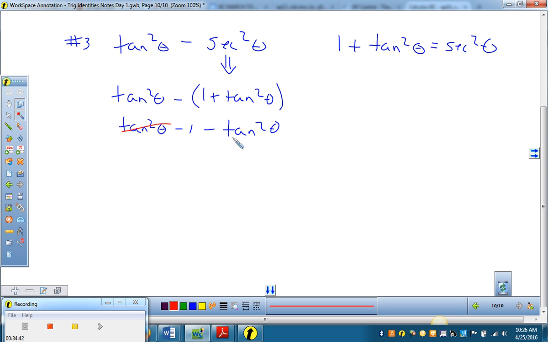Tan squares are gone. We're left with negative 1. You certainly could have gone to sines and cosines. On this one, you could have said sine squared over cosine squared minus 1 over cosine squared and then combine the fractions. But I think the Pythagorean works better here.